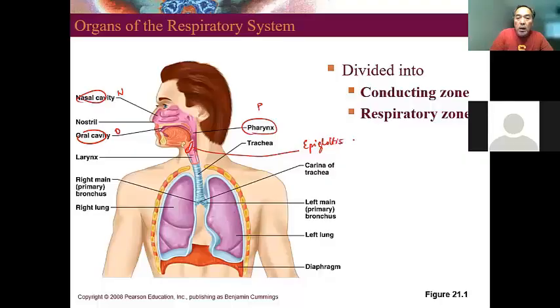Okay, and that is going to be your letter E. And then after that, we have the voice box. That's going to be your letter L. And then the windpipe, after the voice box, the larynx, is going to be your trachea. That is going to be letter T. And then the branches coming out from the trachea, that is going to be your bronchus, letter B.